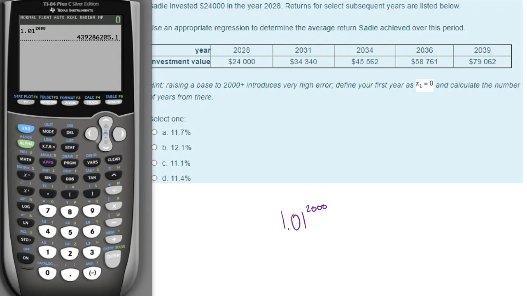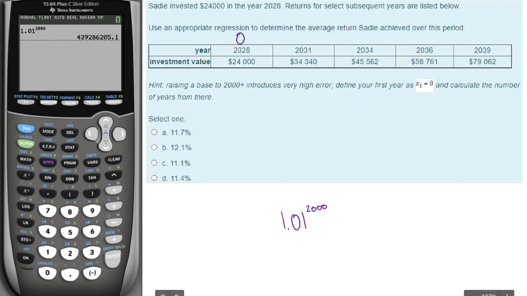So that's $1 that we started with. In 2,000 years at 1% interest rate, $1 grows to be $440 million, right? So you don't want to raise your base, no matter what it is, to huge exponents because you end up with crazy big numbers. So we're going to start by redefining that as year 0.